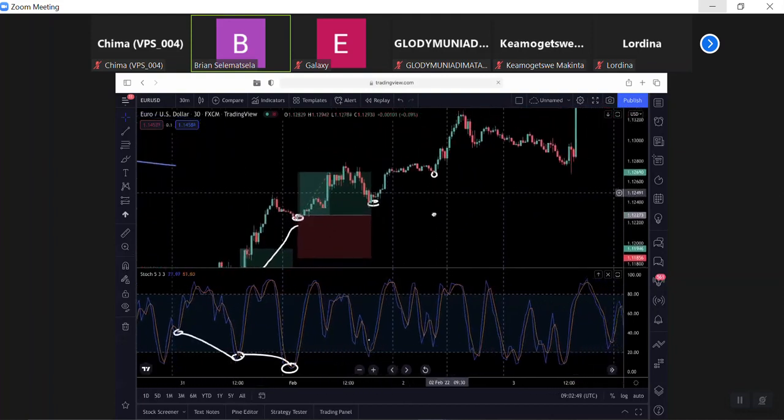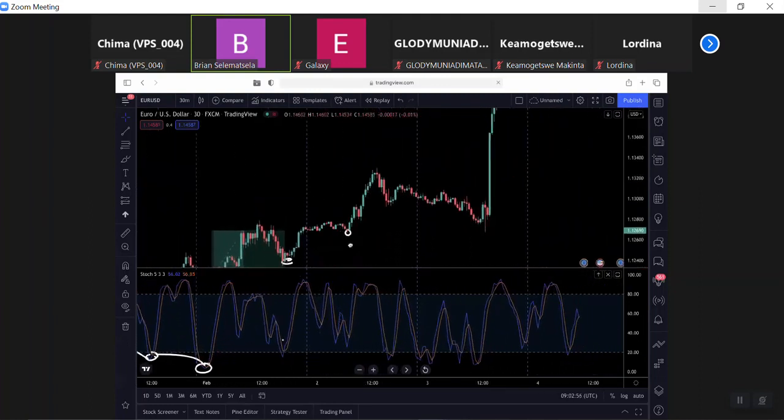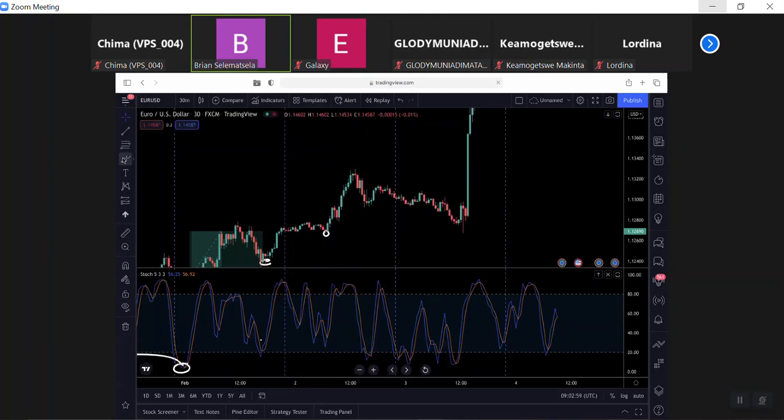And as the market continues going, you're going to use the same principle, divergence. You can see from here to there it's ascending, and again from here to there it's descending.